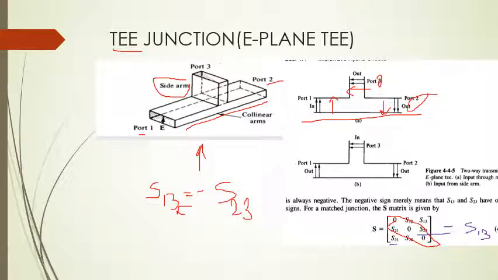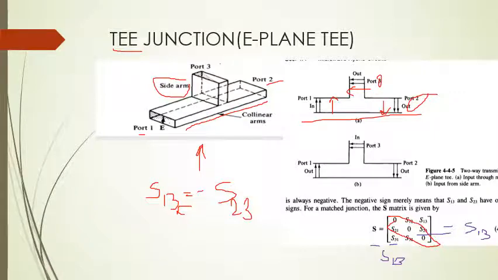What do you mean by reciprocal network? S13 equals S31, S12 equals S21. So if you want, instead of S31, I can also write minus S13. It's similar. I'm just trying to show how you can reduce the S matrix. You can see that in the next equation, S12, S21, so you can write S12 here also. It doesn't affect anything, right?